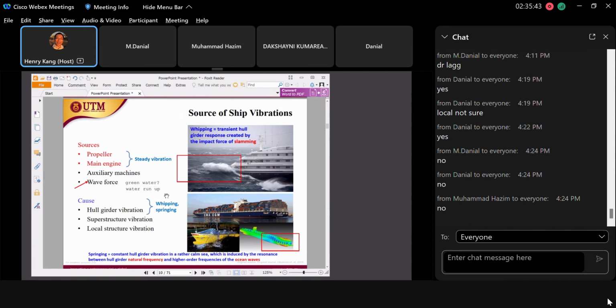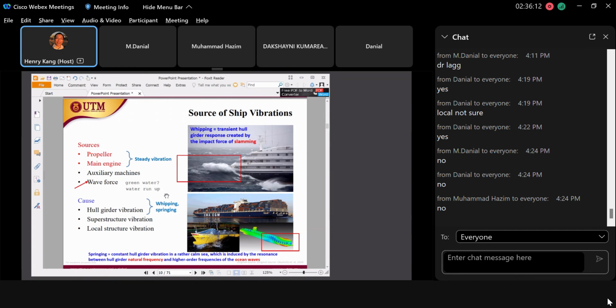That means the water from the ocean hits the fore part of the structure, and then impacts the front deck. The impact is directly on the deck, so it is called water running up on the deck, or the green deck water. So that's why it's called green water.